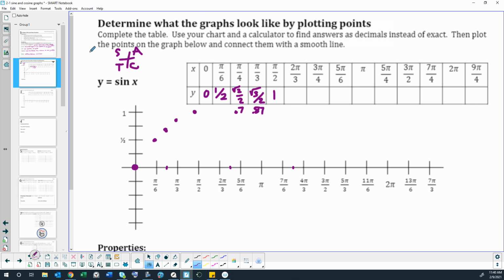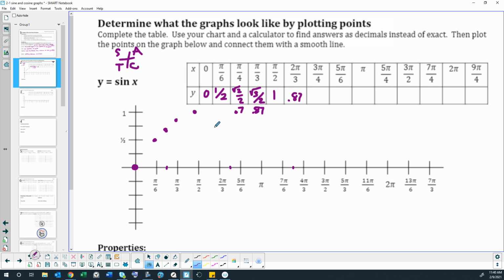No, it's the y value. So the y value in quadrant 2 is positive, isn't it? Sine is positive in quadrant 2. Okay, so it's the same. See the bottom number of our radians? We're going to get the same ratio except maybe negative, depending on what quadrant it's in. So since this is quadrant 2, pi/3 and 2pi/3 are exactly the same number. So that would be our 0.87.